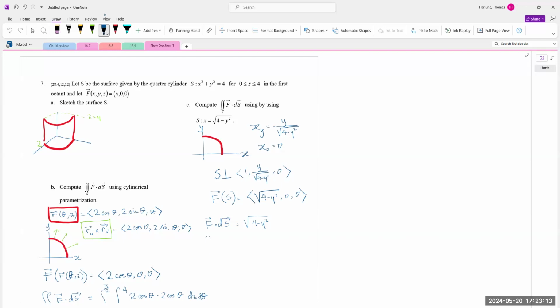So the double integral over surface S of square root of 4 minus y squared dA. I already used A. I'm supposed to use dS here. Where the y is from 0 to 2 and the z is from 0 to 4, right?